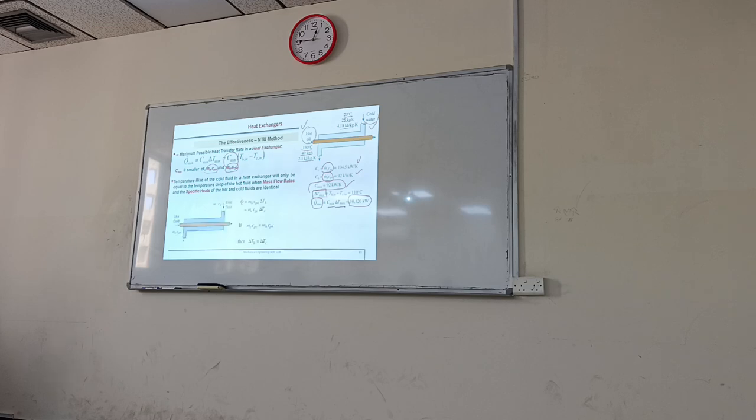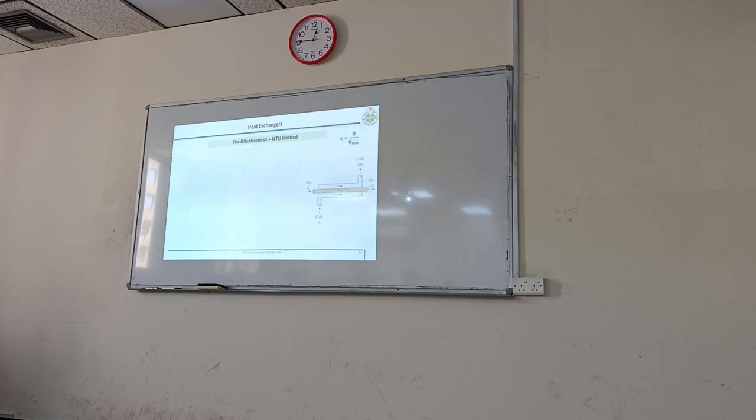If the MCP product is the same, then anyone can be used, meaning delta TH will be equal to delta TC. That's what we already know. Now comes the real thing. Now we know how we have defined effectiveness.